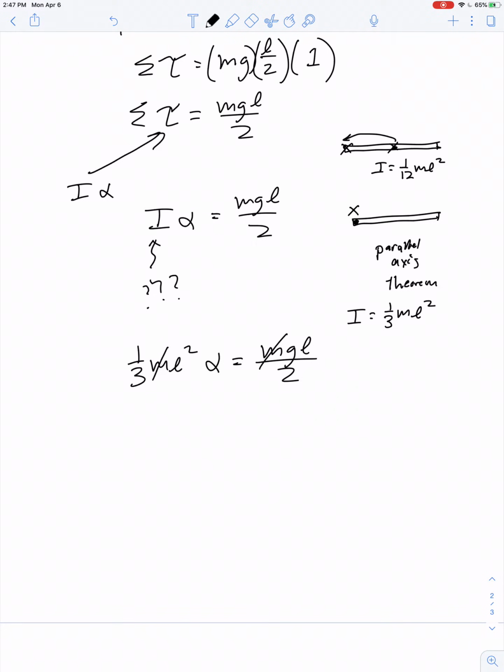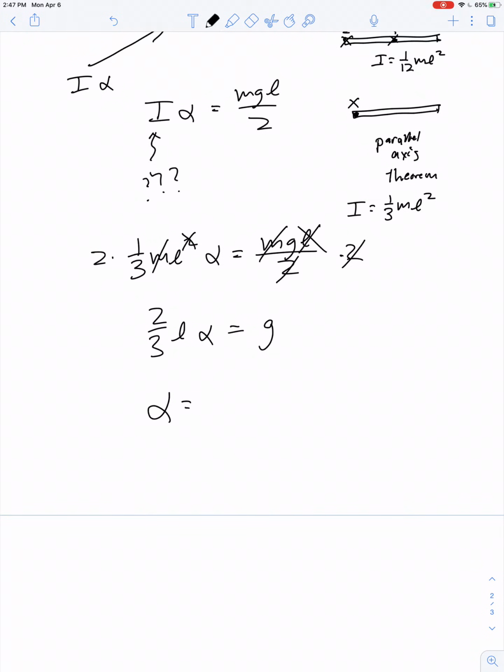We can cancel out the m. Can't entirely cancel out length, but we can get rid of one of the powers of length. So multiply both sides of the equation by 2, and we have 2/3 L times alpha is equal to g.